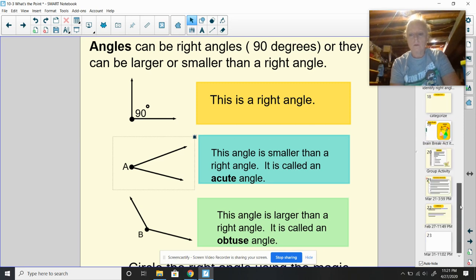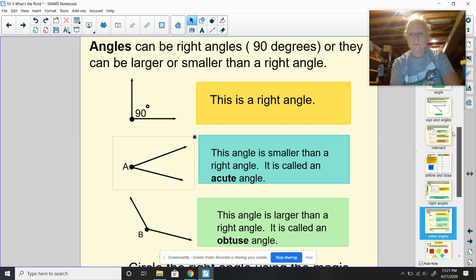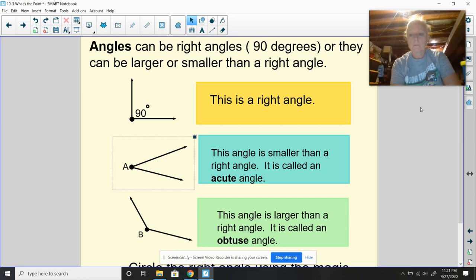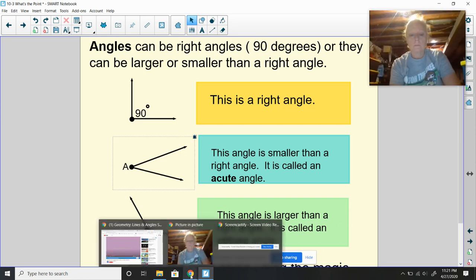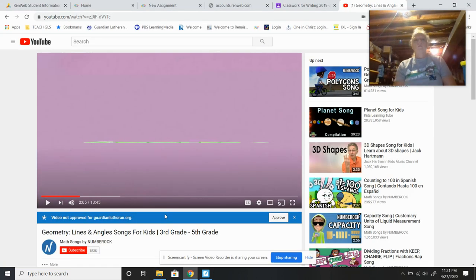All right, angle song, where are you? Here we go. We've got some lines, points, line segments, angles. Let's listen to this one.